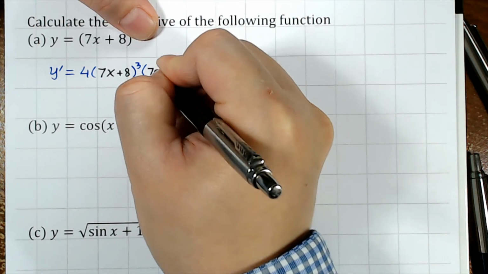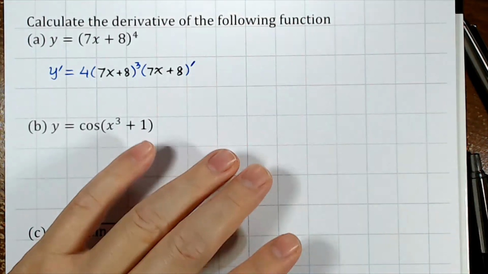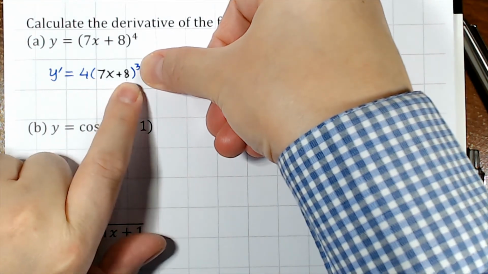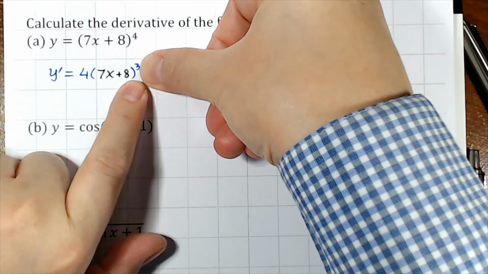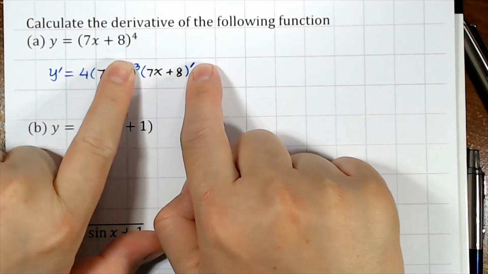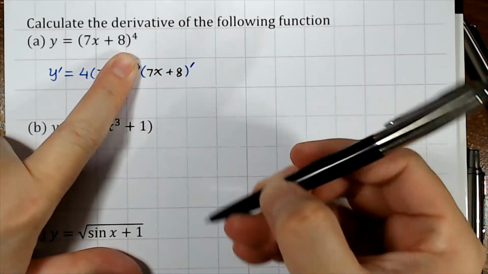So we have 7x plus 8. For that part we don't do anything because we already took care of the derivative. And now we just need to take the derivative of this, which is just 7x plus 8. The derivative of that is just 7.